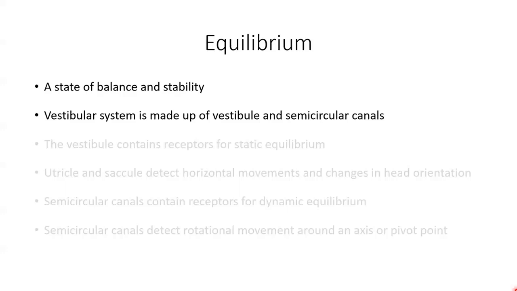The receptors in the vestibular system send signals to the brain to help coordinate movement, maintain posture, and stabilize gaze. Any disruption to these receptors can result in vestibular disorders or motion sickness, as well as feelings of dizziness, vertigo, or imbalance.